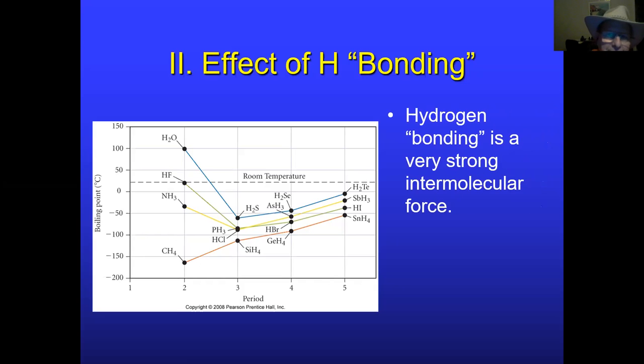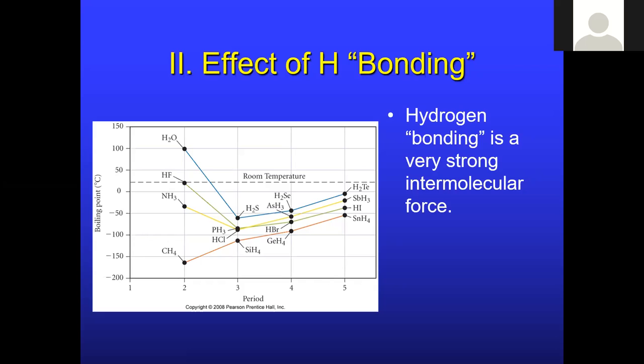Okay? Another instance. We said hydrogen bonding is very strong, right? Didn't we say that? Yes. So if hydrogen bonding is real strong, it's going to take a lot of energy to get it to change temperature, right? Yes.